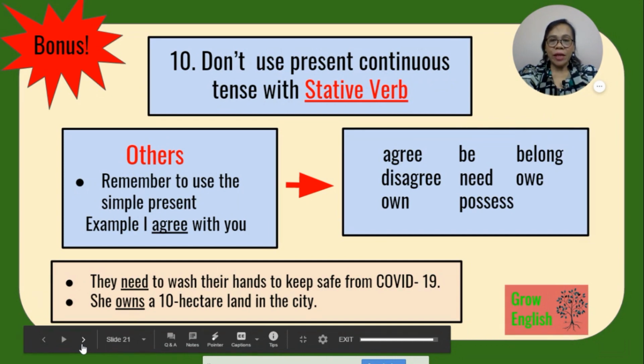Then we have two more examples below. They need to wash their hands to keep safe from COVID-19. You don't say they are needing to wash, because need is a stative verb. Another one: she owns a 10-hectare land in the city. It's wrong to say she is owning, because own is a stative verb, so you have to use the simple present.